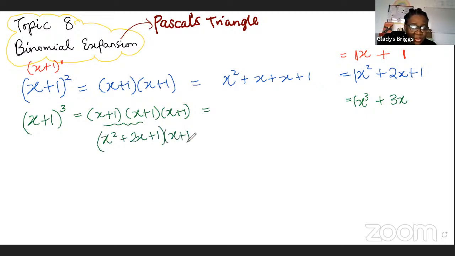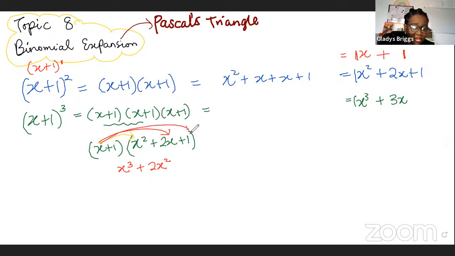And if we times x plus 1 by that, then that would be x cubed plus 2x squared plus x plus x squared plus 2x plus 1, yeah?